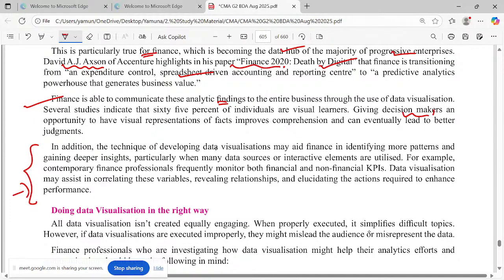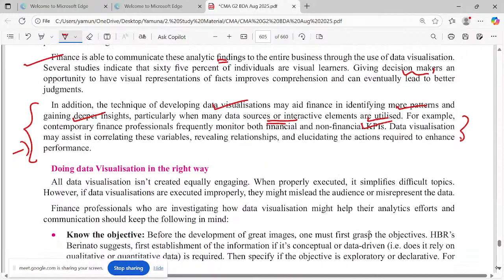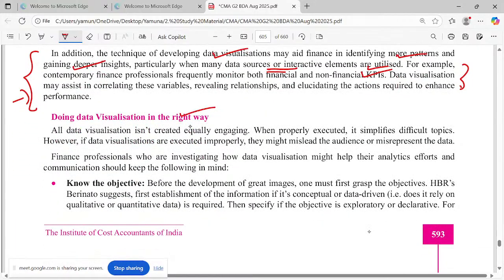The technique of developing data visualization will help us to identify more patterns and gain deeper insights, particularly when many data sources or interactive elements are involved. They have an example with respect to KPIs, key performance indicators. How do you do the data? Yes, in the right way. When we properly execute it, probably we might be simplifying the difficult topics, right?